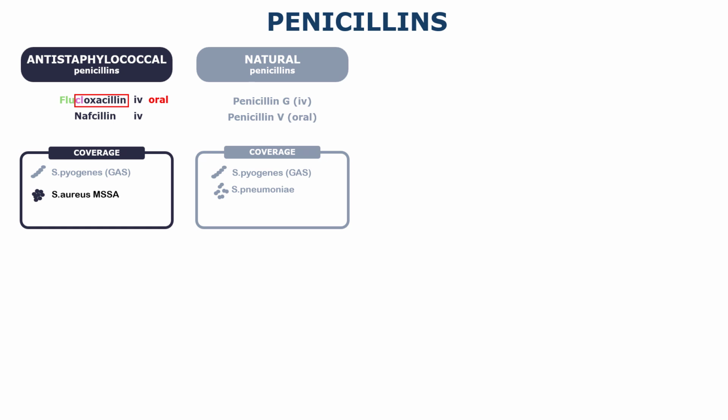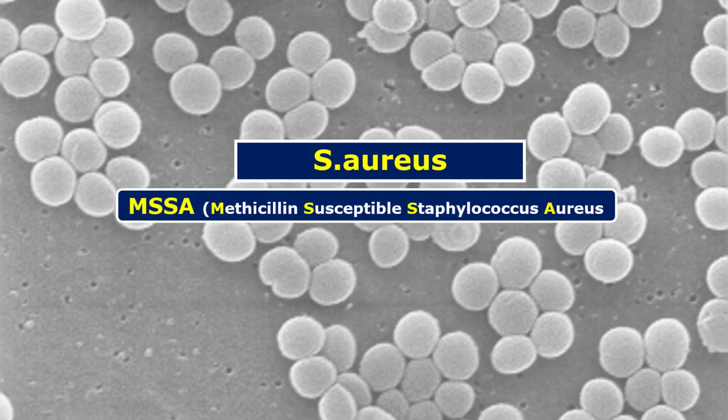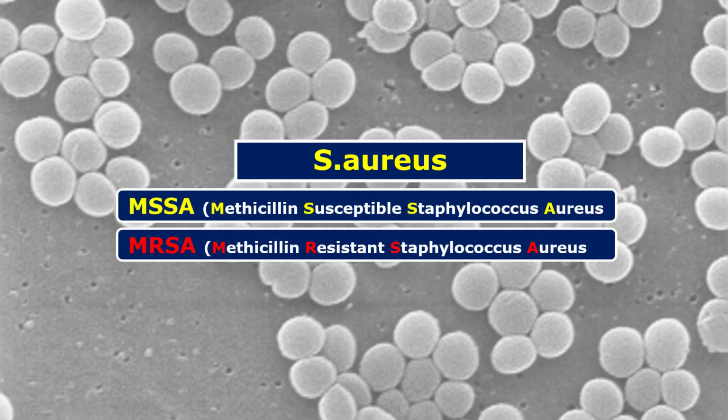But you've probably heard of methicillin. The irony is that out of all antistaphylococcal penicillins, methicillin is no longer produced due to its toxicity, but we've all heard it because its name is still used to classify methicillin susceptible versus methicillin resistant Staphylococcus aureus.